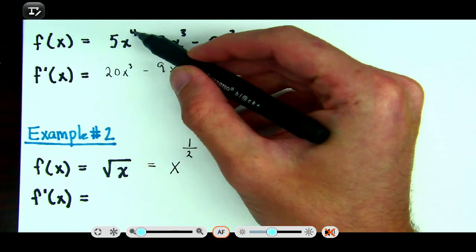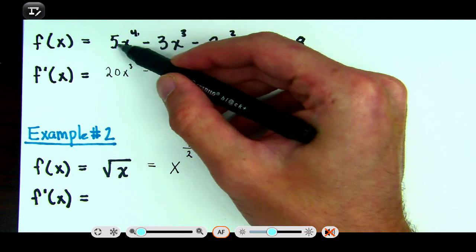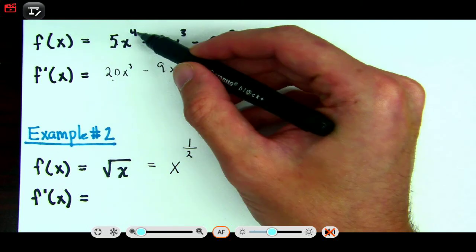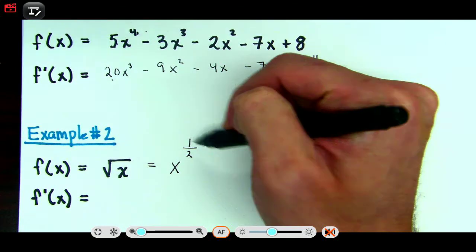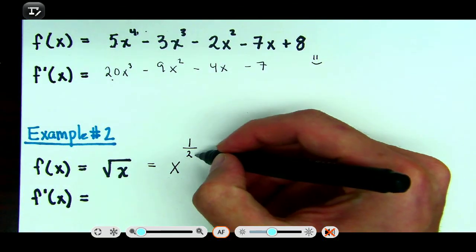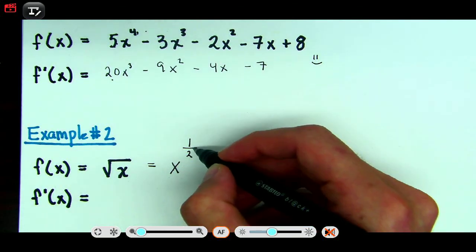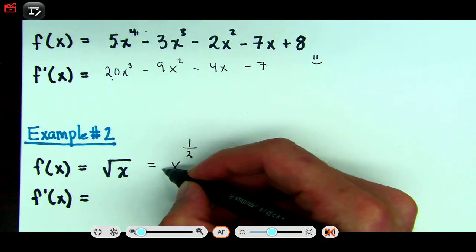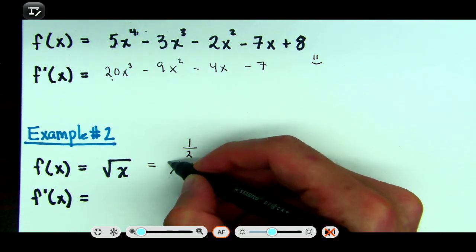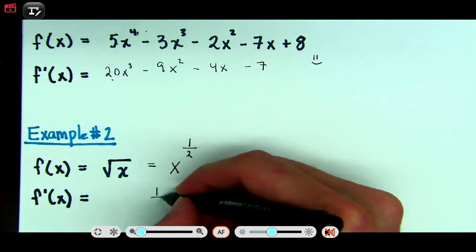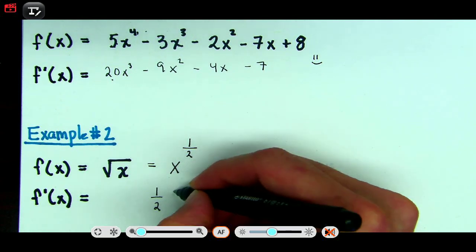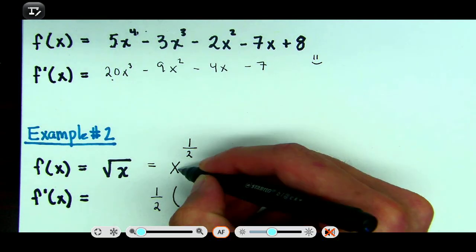So just like we did before, 4 times 5 is 20, then the 4 minus 1. So what are we going to do here? We're going to do 1/2. See, notice that this 1/2 multiplies to the coefficient here, which is a 1. So it's going to just be 1/2 times, now what do we do with our exponent?